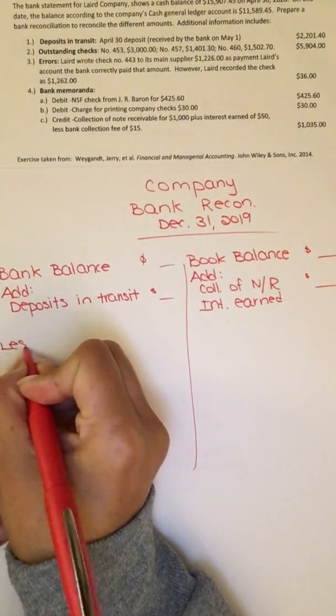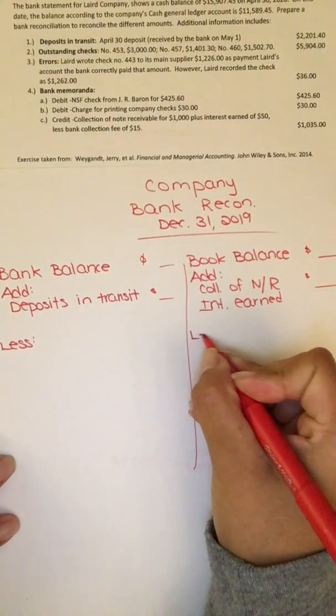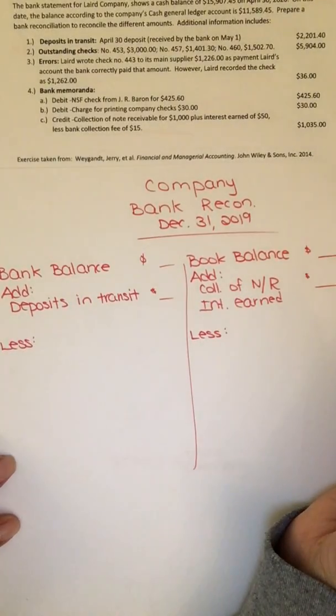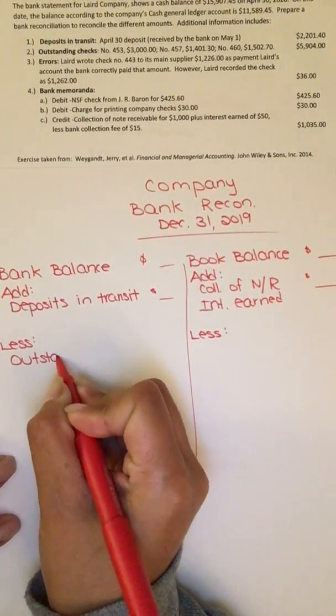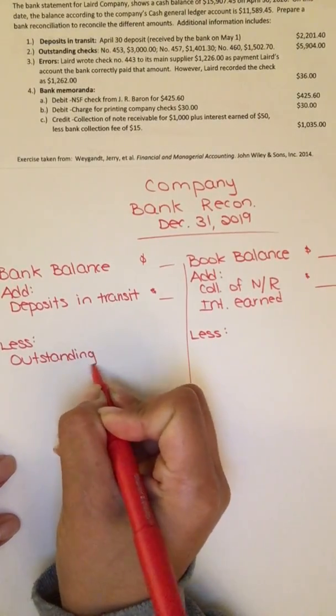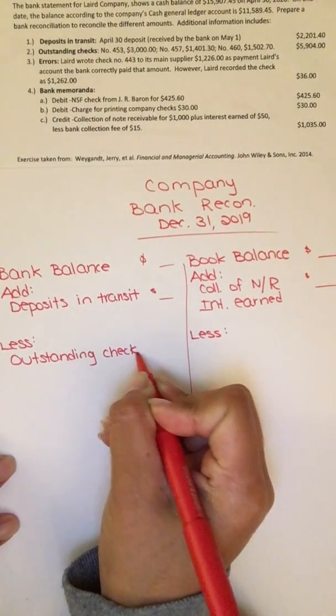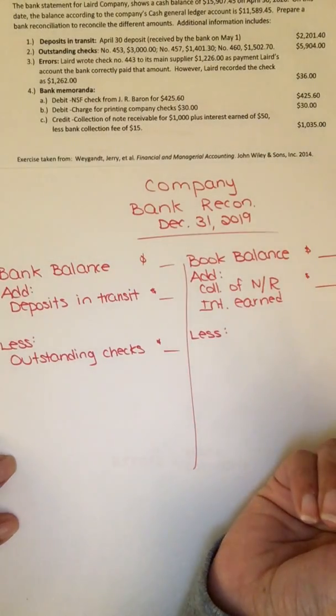So leave a space, less, or you could write deduct, either is fine. Common items that are subtracted from the bank side, those are those outstanding checks we talked about. Outstanding checks, fill that in.